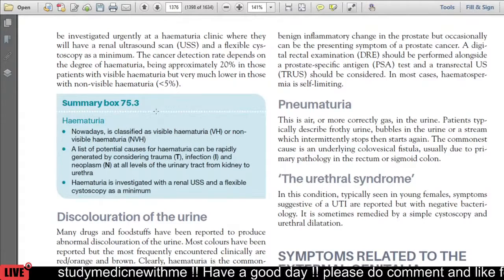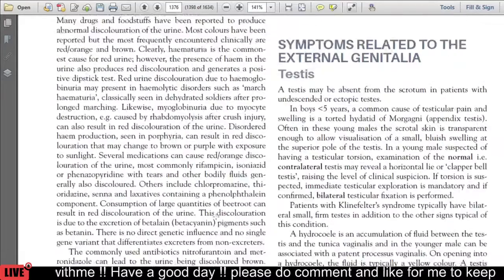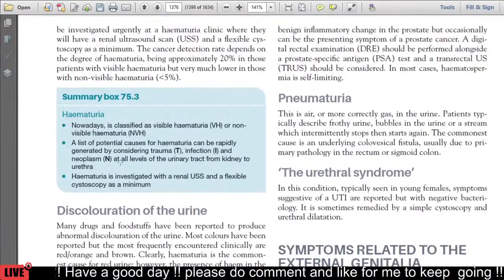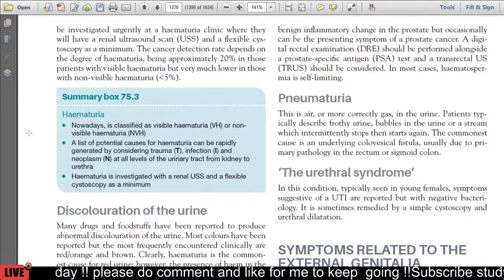So let's study the boxes because we already studied the important topics. Hematuria is now classified as visible hematuria or non-visible hematuria.